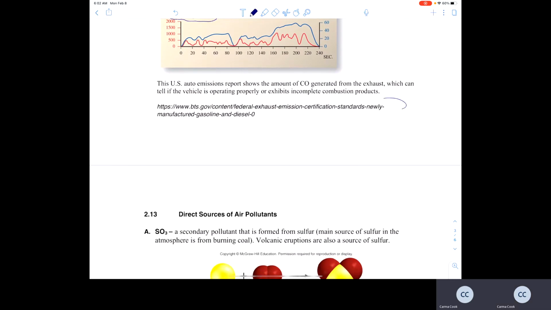And so if you want more information on the standards that the EPA has set, you can visit that website.